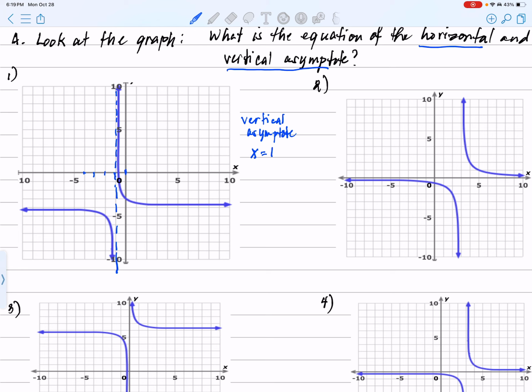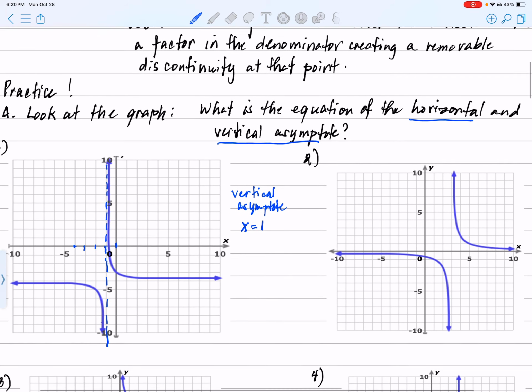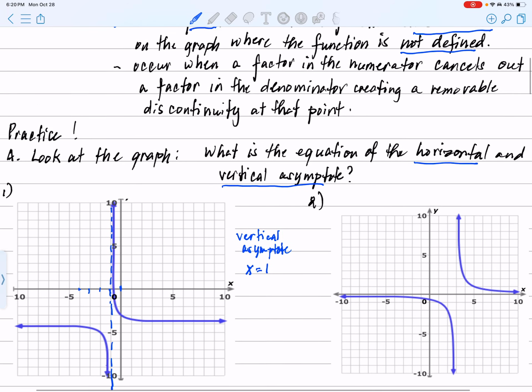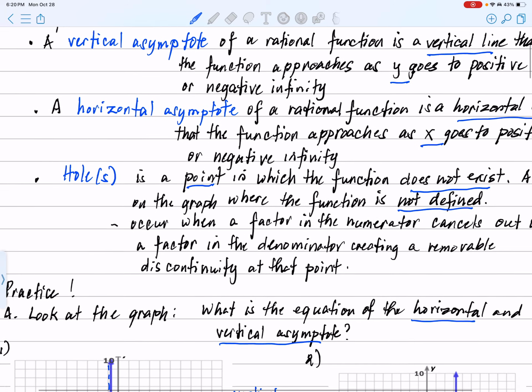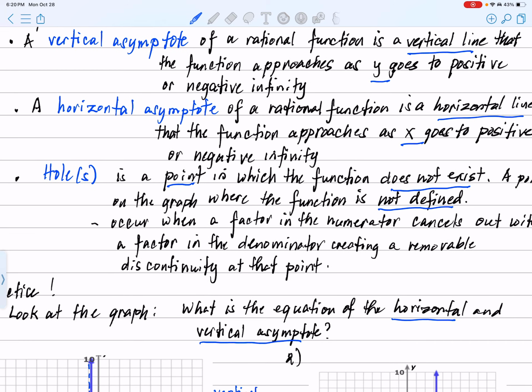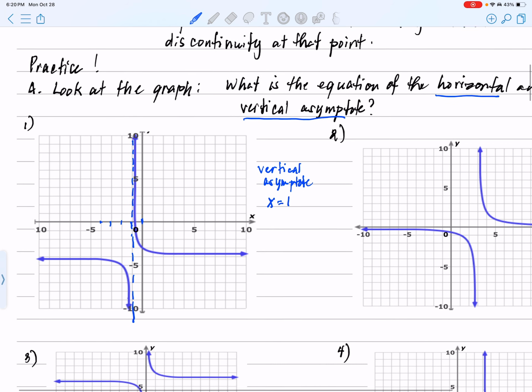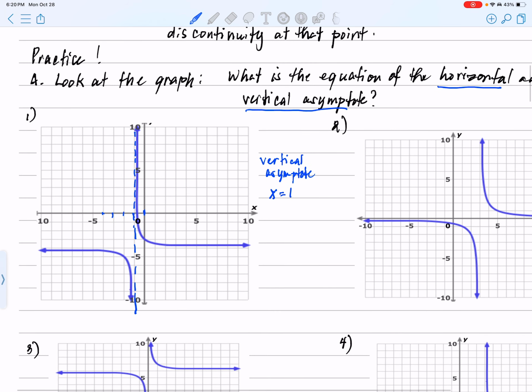Well, what does the definition mean? For the vertical asymptote, it says as y goes to positive or negative infinity. Right. As y goes to the negative infinity right here and the positive infinity right there.